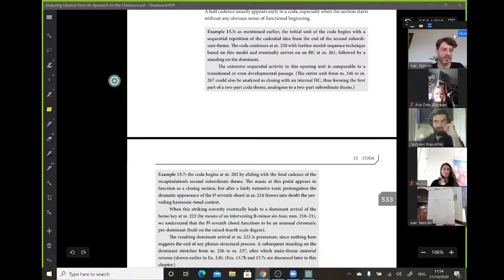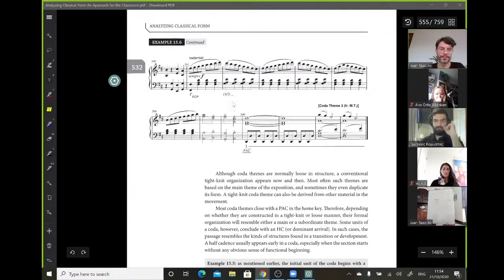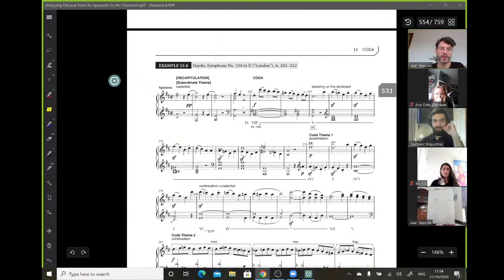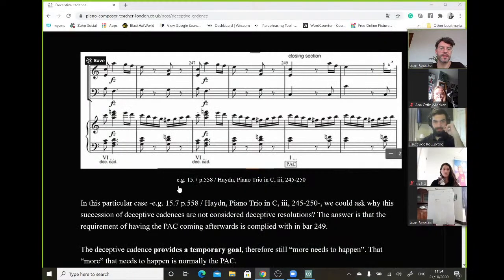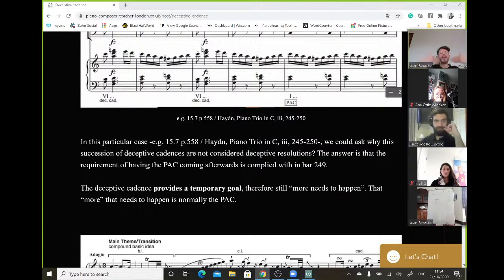Then, a very sophisticated example by Haydn. Here we see a repetition of a deceptive cadence, and you see how important and how defining it is to have the perfect authentic cadence afterwards.